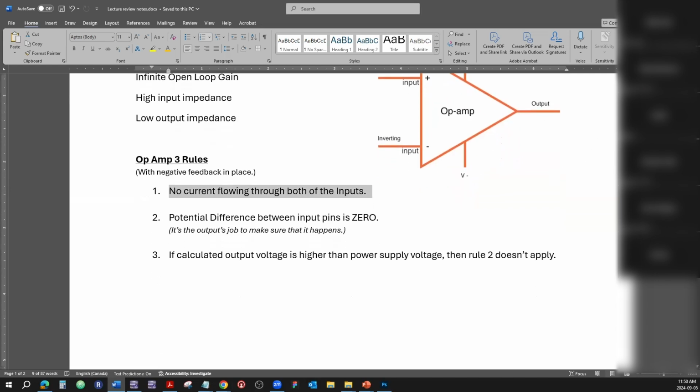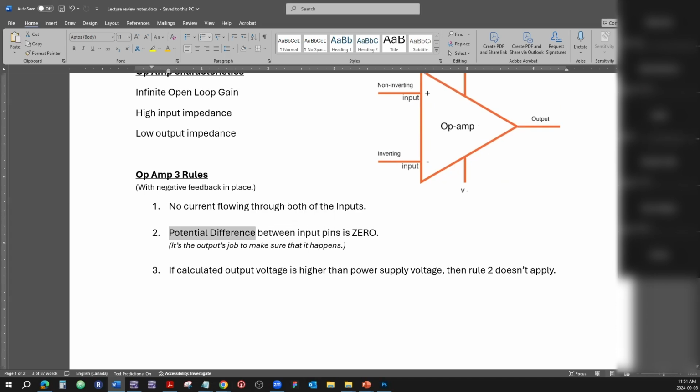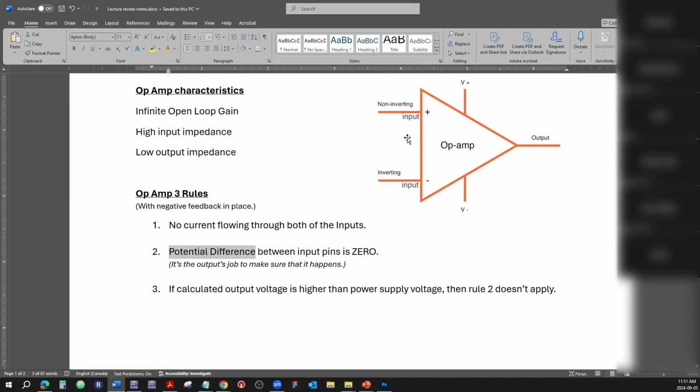Rule number 1. Rule number 2. The potential difference, or otherwise the voltage, between the two inputs is supposed to be 0. The amplifier is going to do whatever it can to keep those two at the same potential.